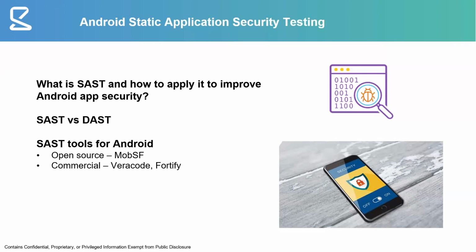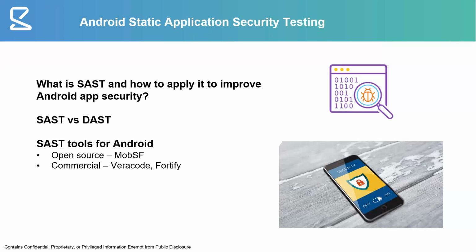Open source tools like MobileSafe are more accessible as they are free, and also they are supported by a large community, so they can develop into some very good tools in the future. In contrast, commercial tools like Veracode and Fortify can be expensive, but they generally provide faster scanning times, and they can also deliver fewer false positives.